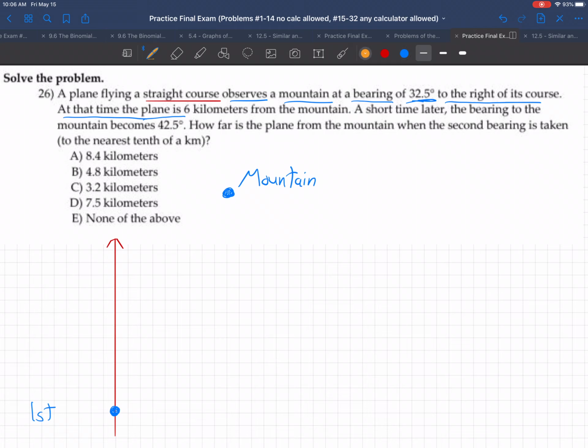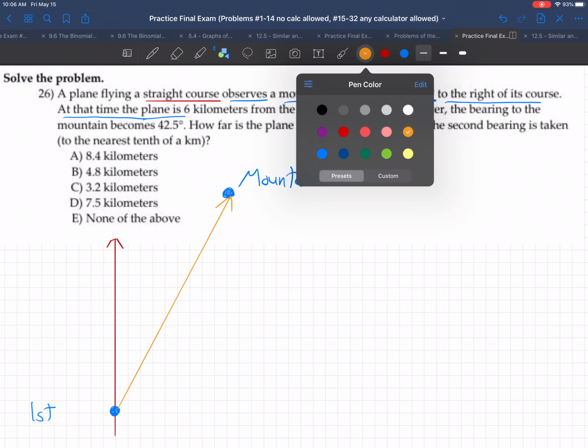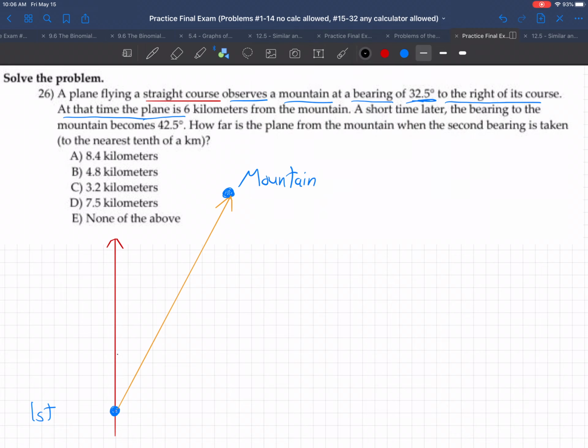So this angle here, what they're saying is this angle here is 32.5 degrees to the right of its course, right?